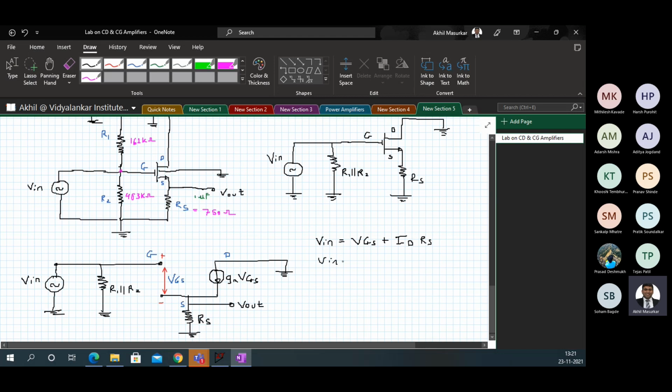So we can write Vin is equal to VGS plus GM VGS into RS. We can also write this as Vin equals 1 plus GM RS into VGS.